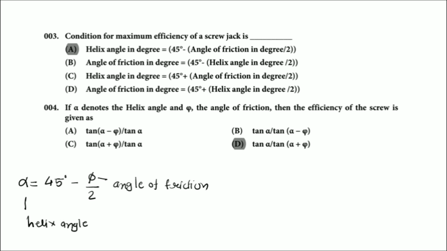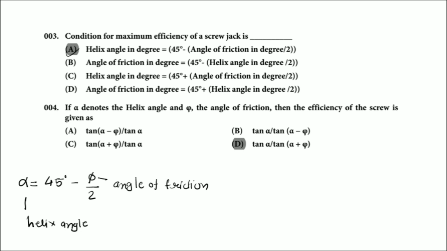So you can directly give the answer, that is A, right? Helix angle in degree is equal to 45 degree minus angle of friction in degree by 2. So that would be the answer for the condition for maximum efficiency of a screw jack.